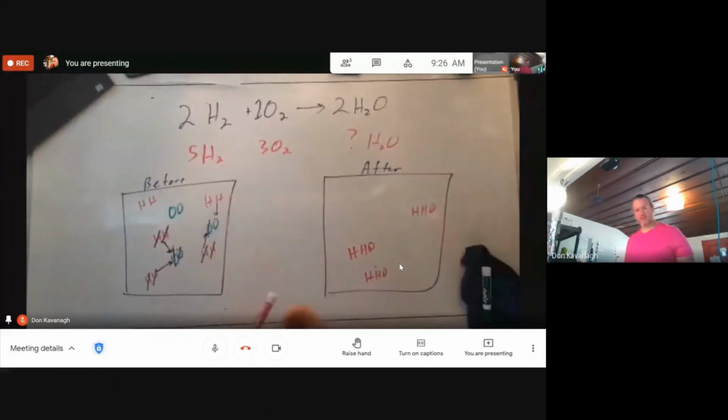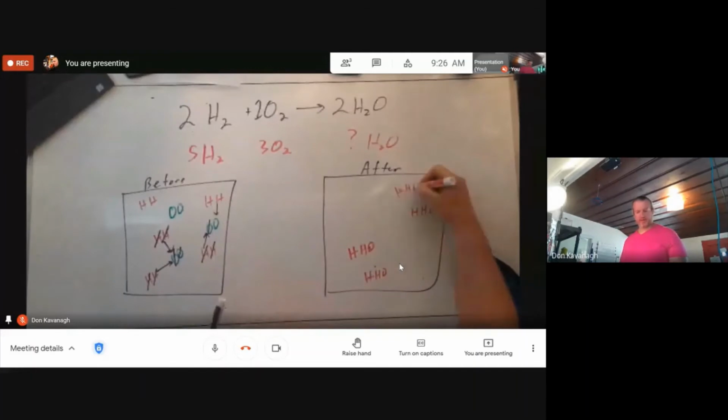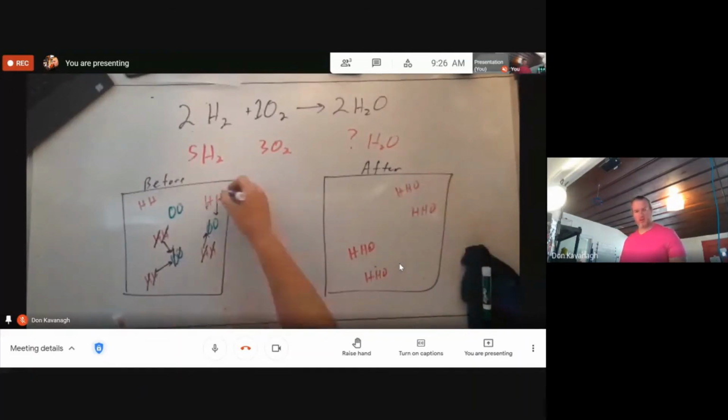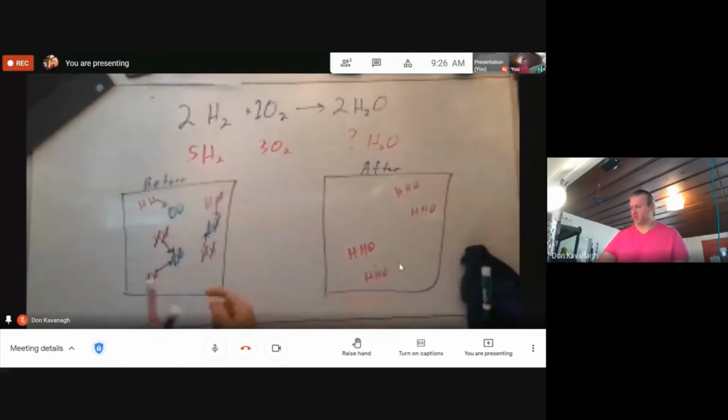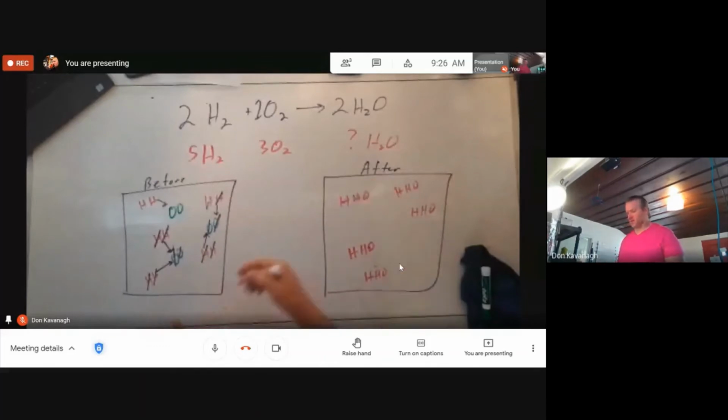So in this graphical cartoon method, we could predict that when we have 5 equivalents of H2 and 3 equivalents of the O2, using the information from what our product is going to be, there could be up to 5 water molecules produced.